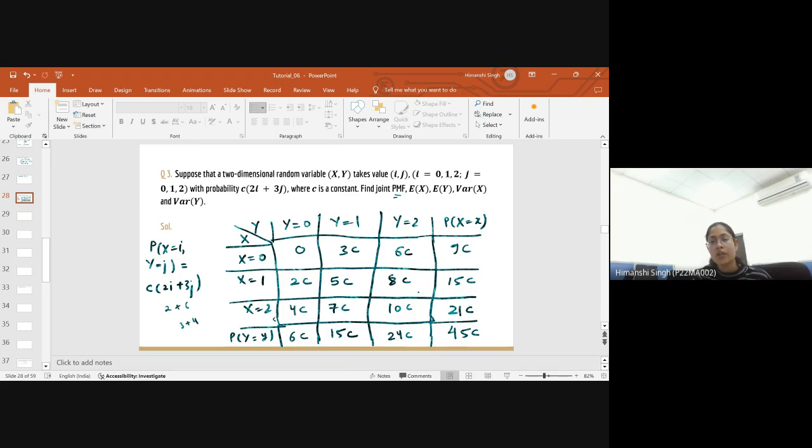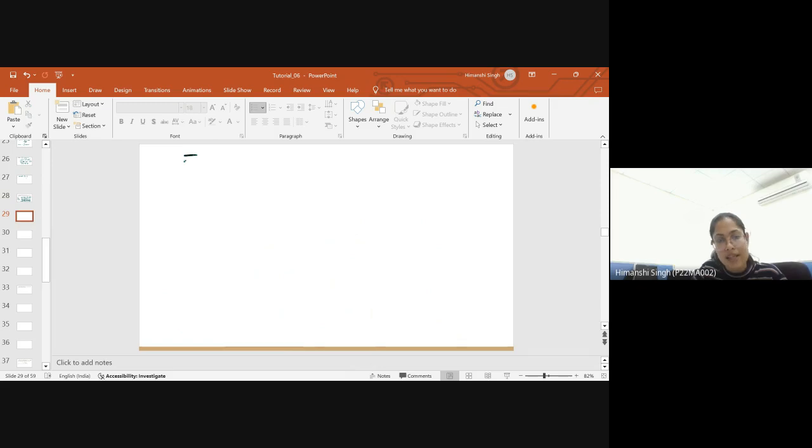In order for the joint density to be a probability density, 45c should be equal to 1, which implies that c is nothing but 1 by 45.